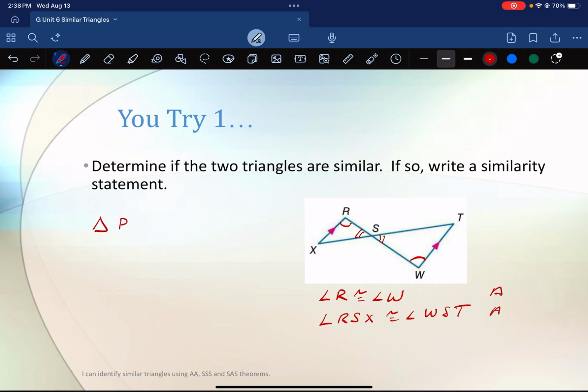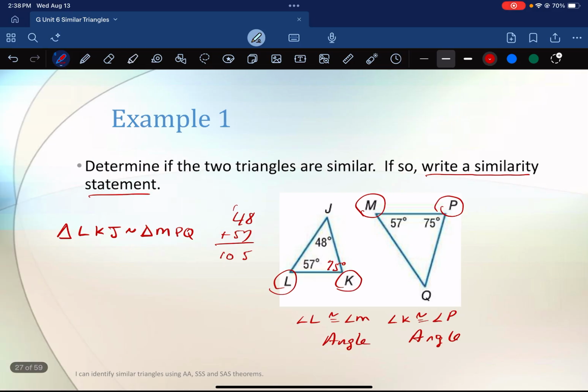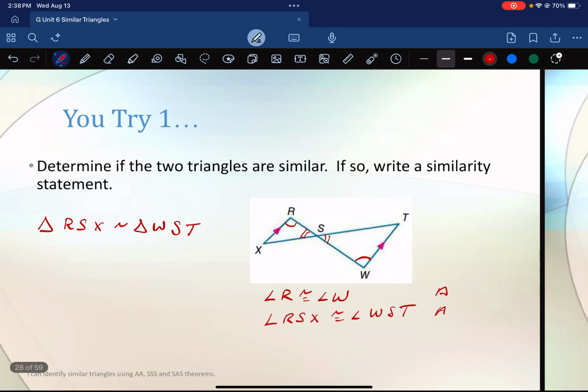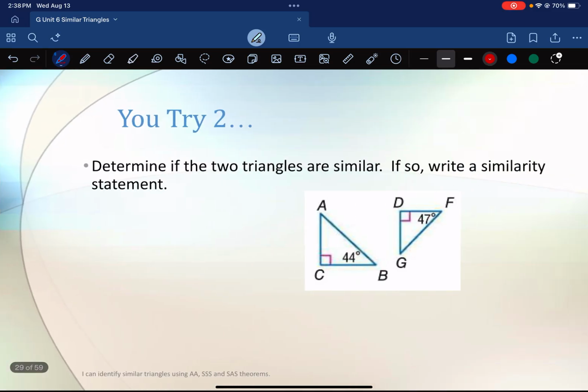So I'll go with RSX, similar to triangle R. R goes with W. S goes with itself, because they're a vertical angle pair, and then that leaves me with T to go with X. All right, so that's angle, angle. Try this one.